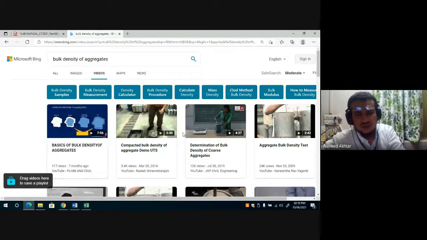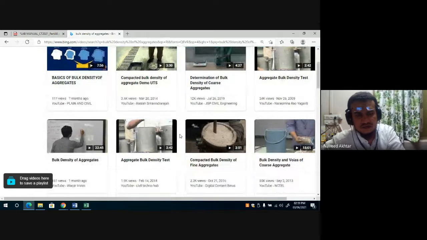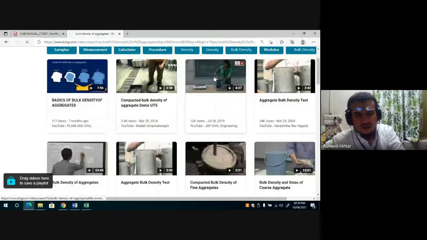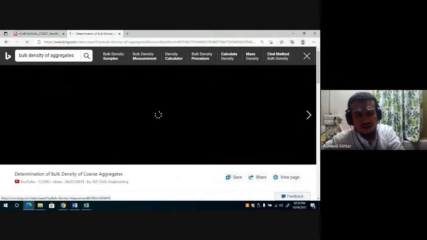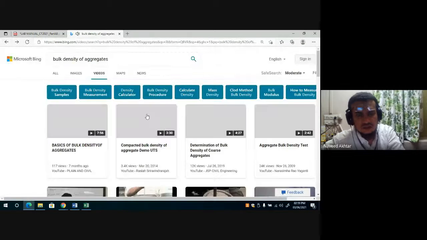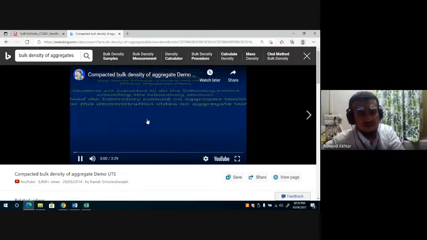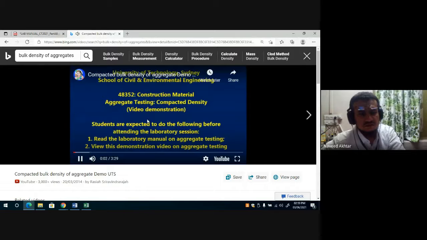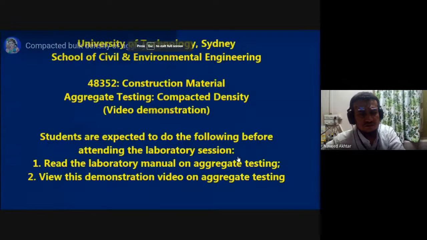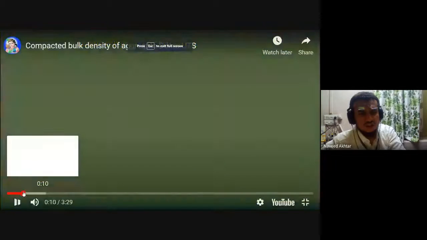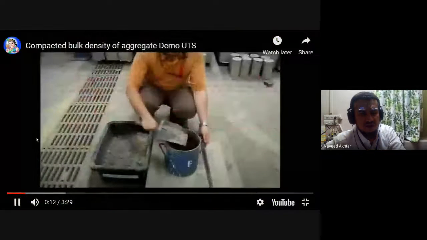So you can perform the experiment of the bulk density of aggregate. It is a very simple experiment.